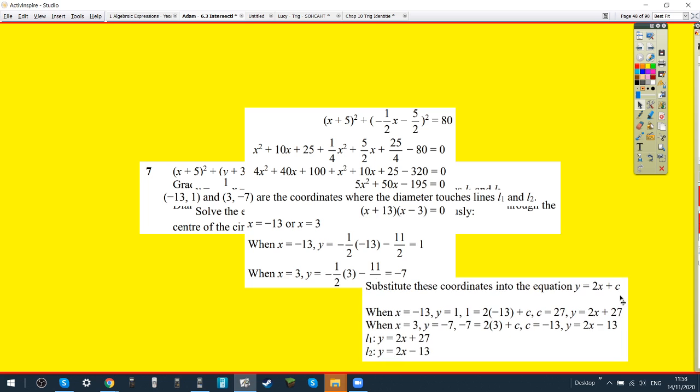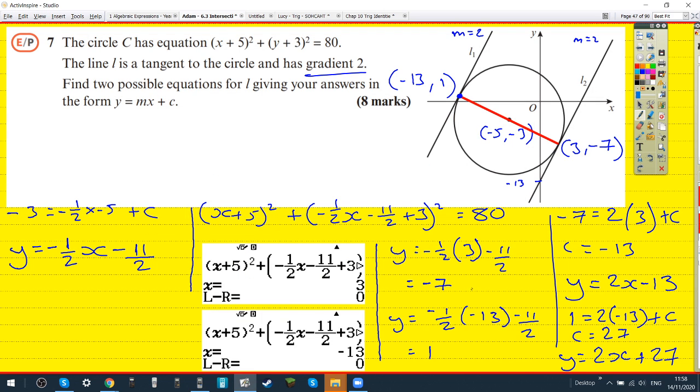And I see them there down the bottom. Y equals 2x minus 13. Y equals 2x plus 27. Yeah, so brutally difficult stuff. So big picture, we have to find the equation of the two tangents, and we're given the gradient.